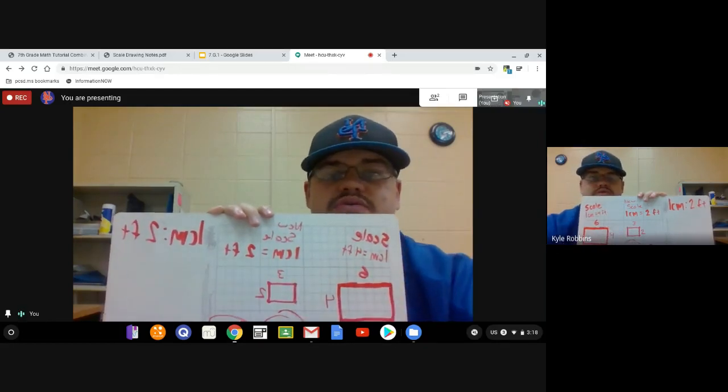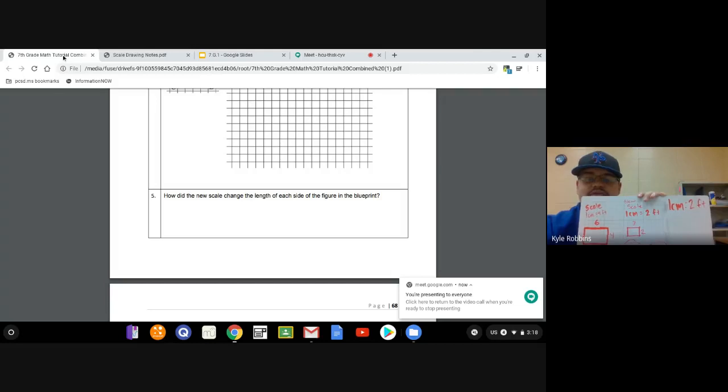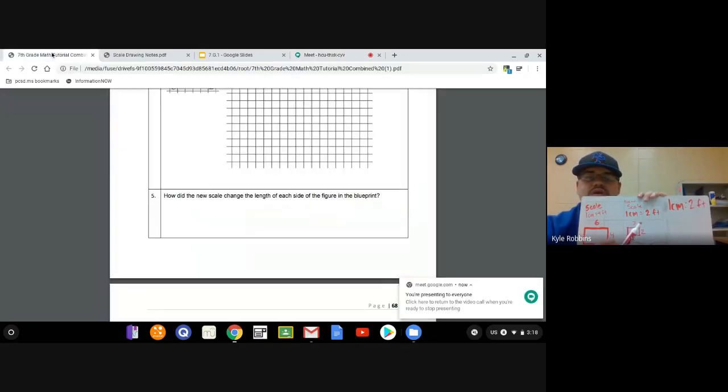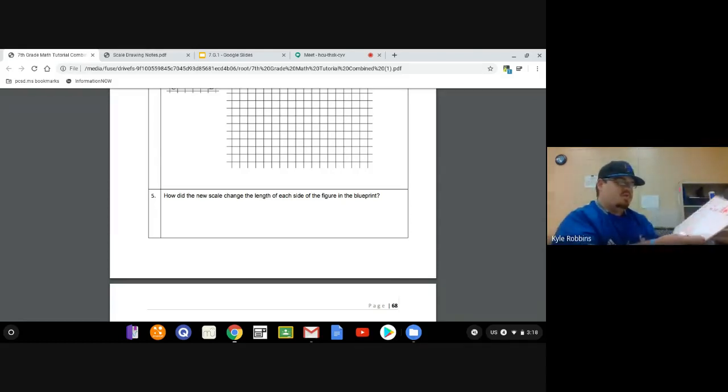So we go back to our question. It says, how did the new scale change the length of each side of the figure on the blueprint? If we're going from 6 to 3, we took half. So the answer to that question on this one right here would be: the new scale halved, or took half, of the original scale.